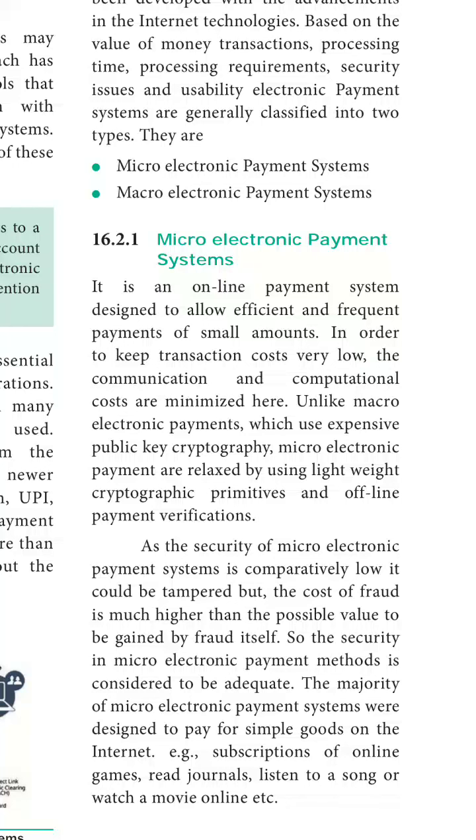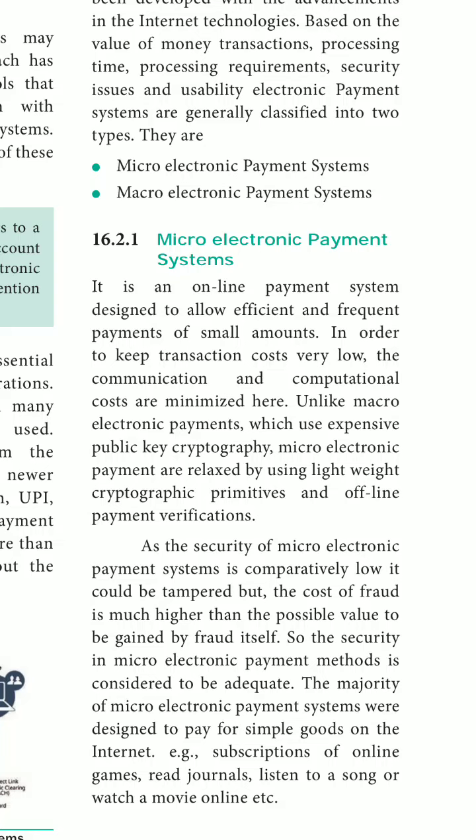It will be very easy and secure, and it is used mainly for smaller payments. The security of a microelectronic system is comparatively low, and it could be tampered with, but the cost of fraud is much higher than the possible value to be gained by the fraud itself.